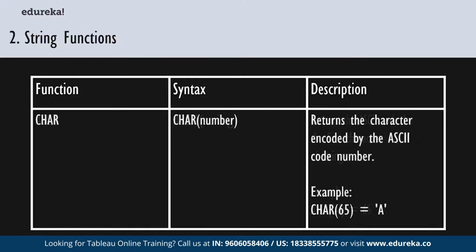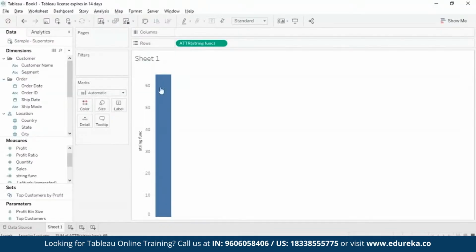Next, we have char, which is kind of like the counterpart of ASCII. Here, it's going to return the character that is encoded by the ASCII code. Here, you have to put in the number, and it will return to you the character.